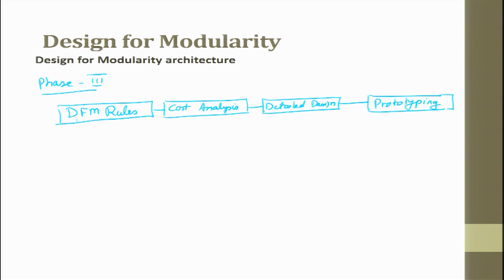So, this is nothing but design for manufacturing.